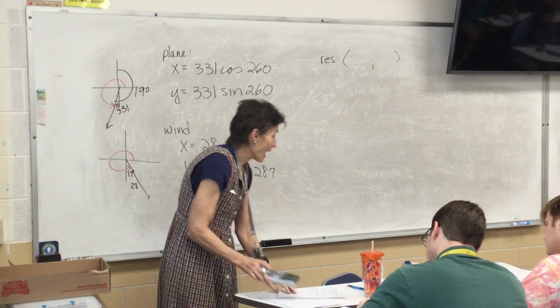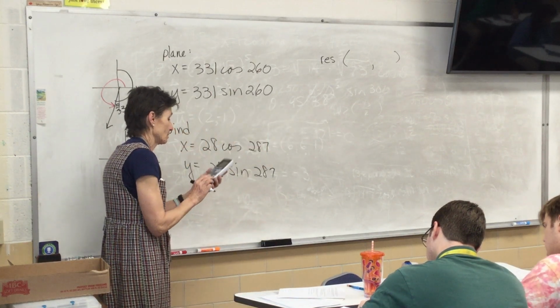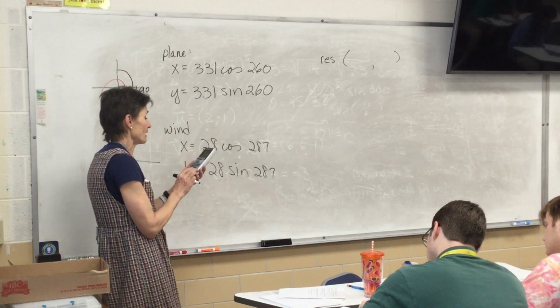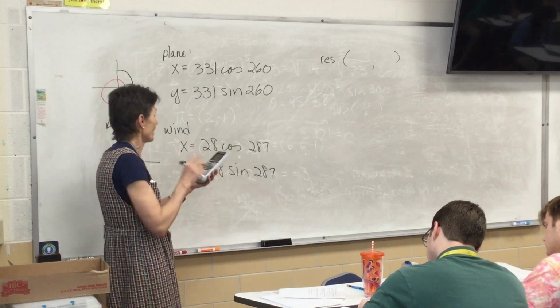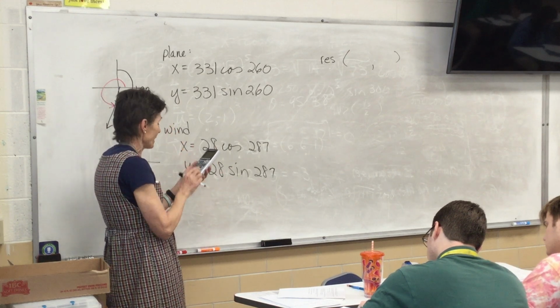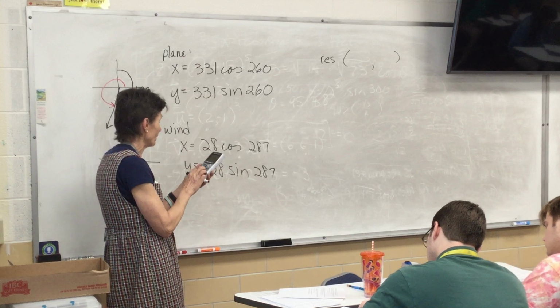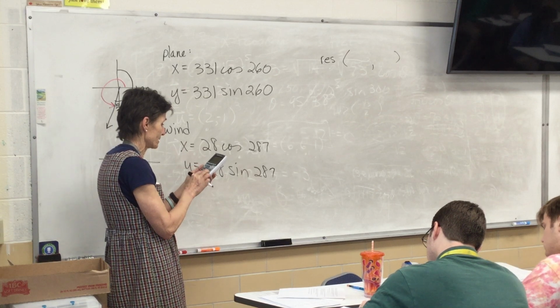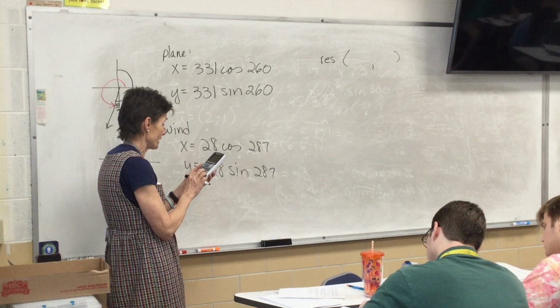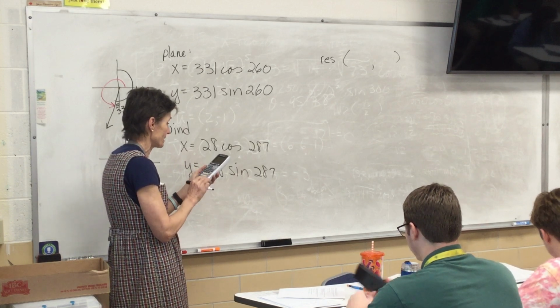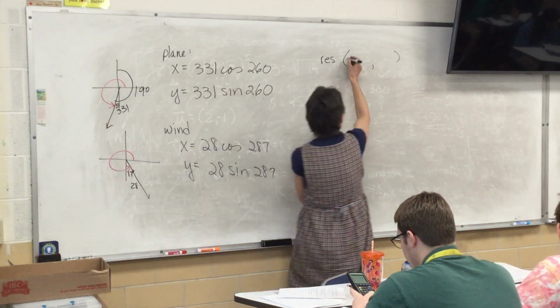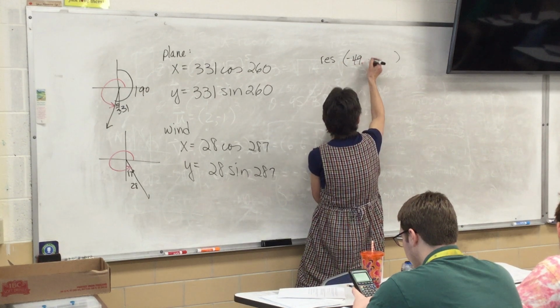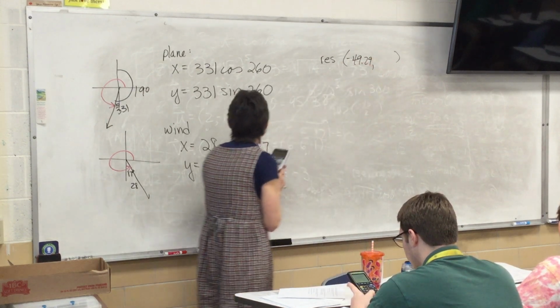And now to get the coordinates of the actual vector, I'm going to add my x's, so 331 cosine 260 plus 28 cosine 287. And I'll add my y's.